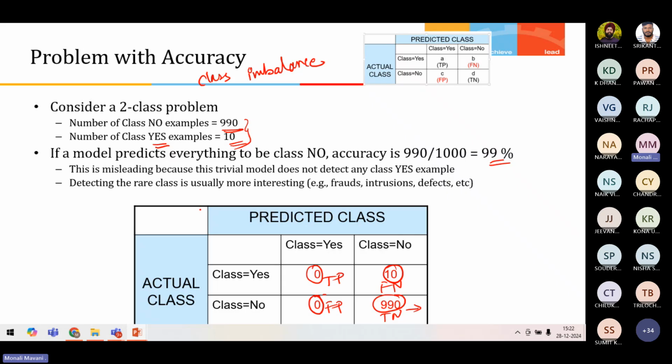Will you accept this model? No. It totally depends upon your problem statement. Of course, accuracy is not a good measure for a class imbalance problem, but specifically if we are trying to find frauds, intrusions, defects, or cancer prediction, we know the examples themselves would be very few.